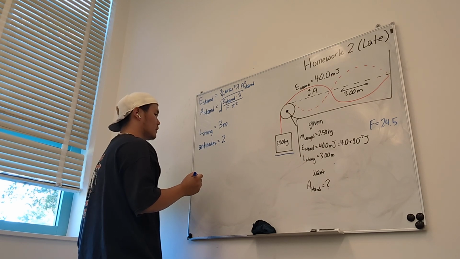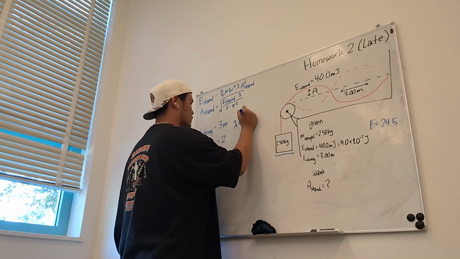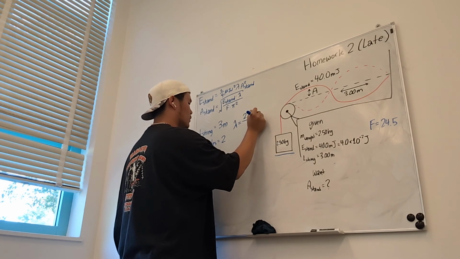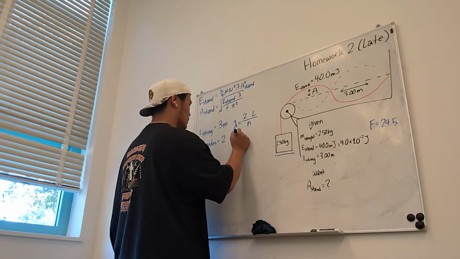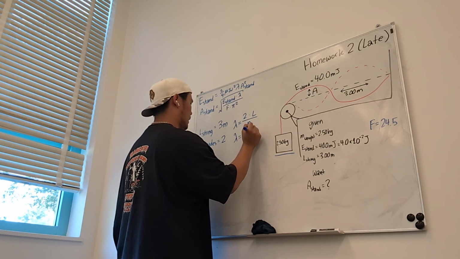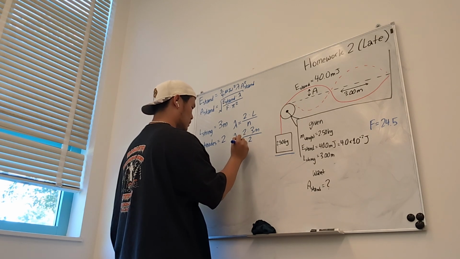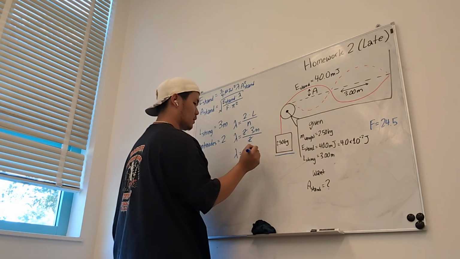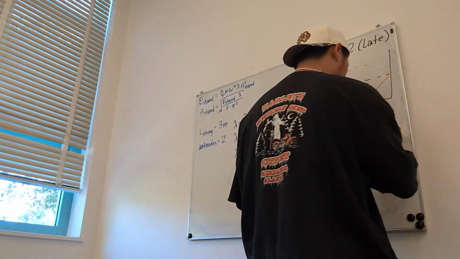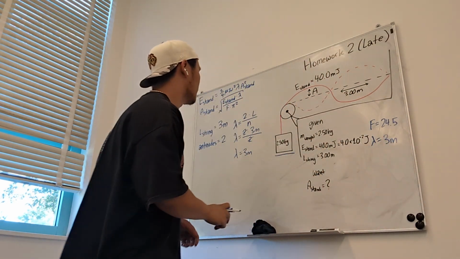So let's just use that in the equation. The wavelength is equal to 2 times the length over the number of antinodes, which is lambda equals 2 times 3 meters over 2. And that cancels, and we get lambda equals just 3 meters, right? Just save this in our bank over here.